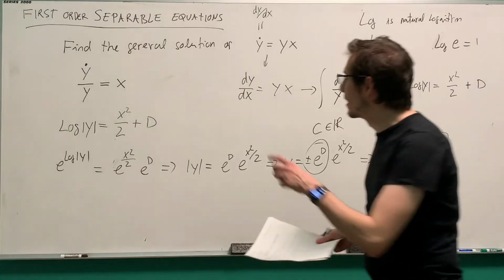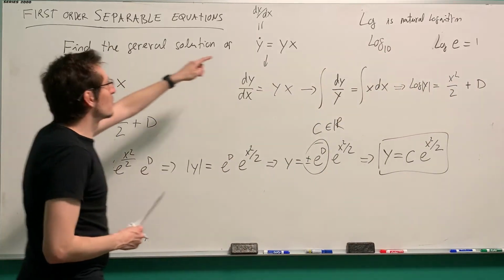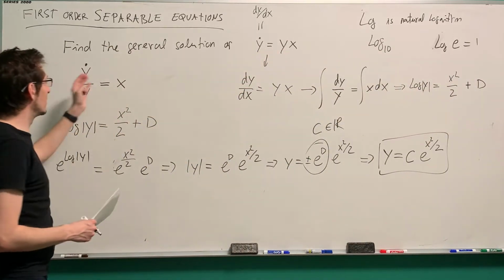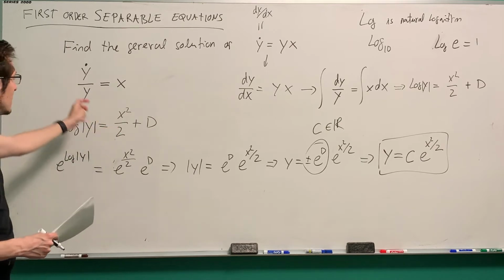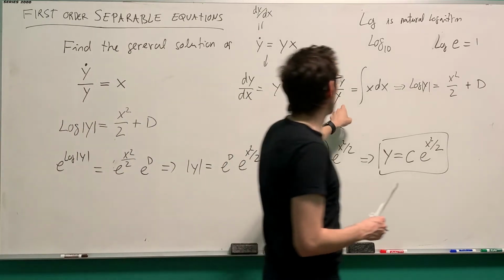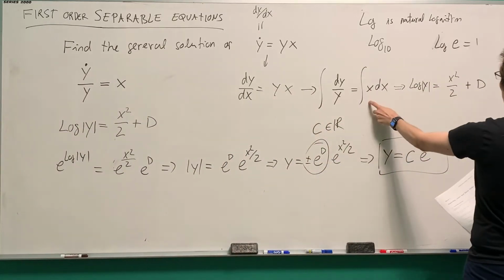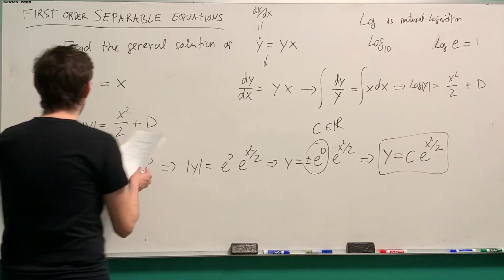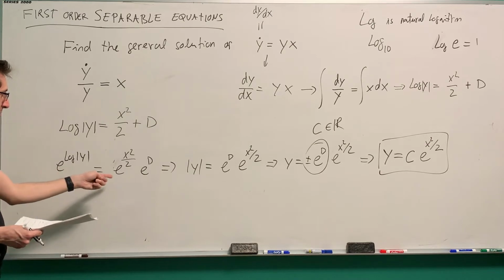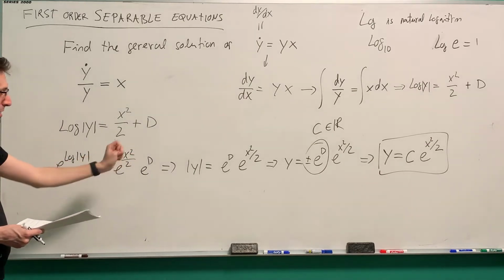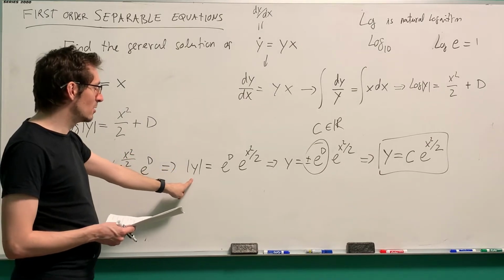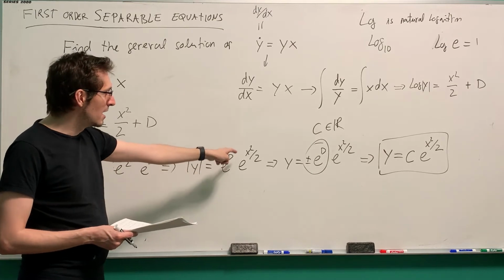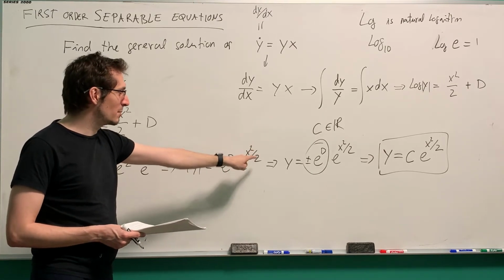Quick recap. We started with this equation. We put all the y's on the left, all the x's on the right. We integrate both sides. The integral of the left is basically the logarithm. The integral of the right is x squared divided by 2 plus d. I take exponentials to undo the log. That gives me the absolute value of y is e to the d exponential of x squared divided by 2.